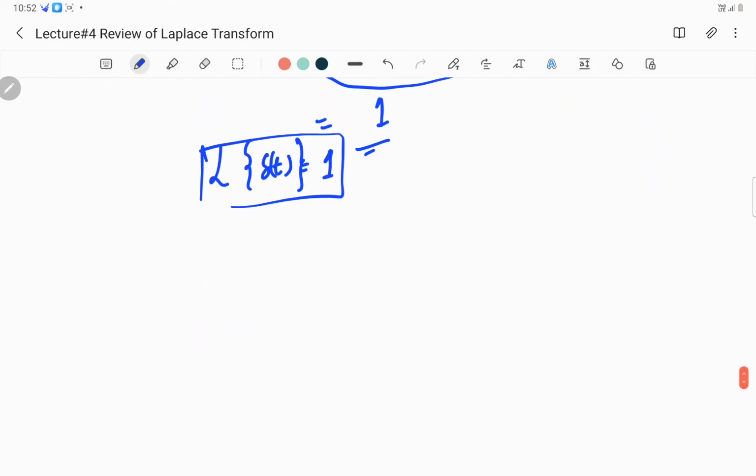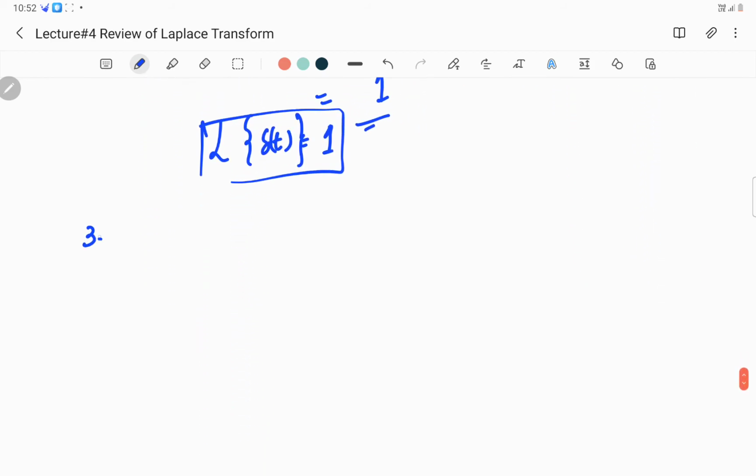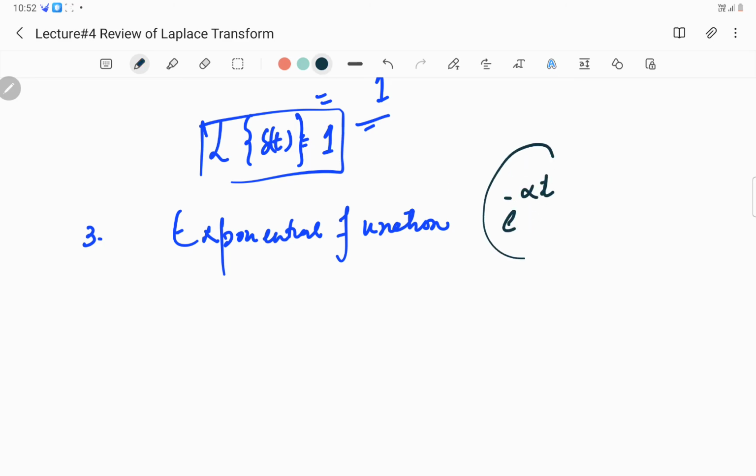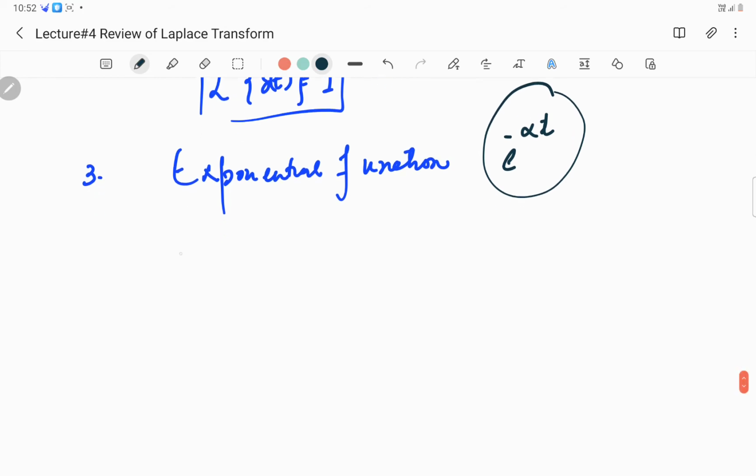Now let us take another example: Laplace of an exponential function, e to the power minus alpha t. Let's try to find its Laplace. Our f(t) this time is an exponential function where alpha is some constant.